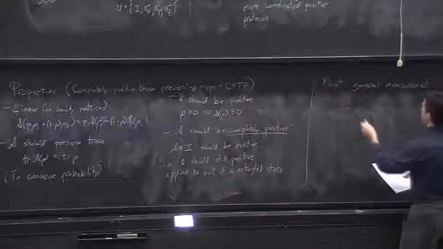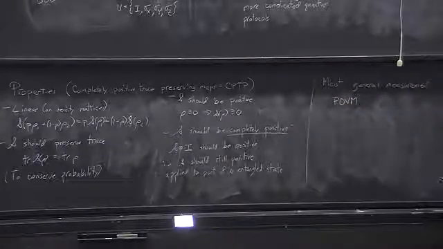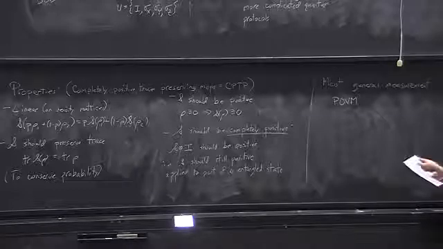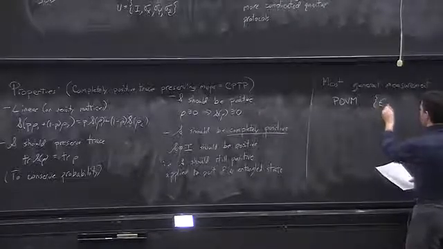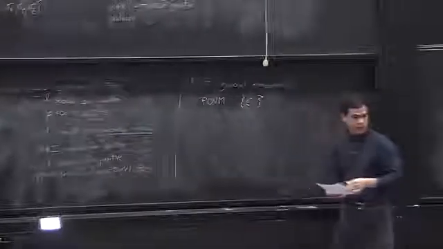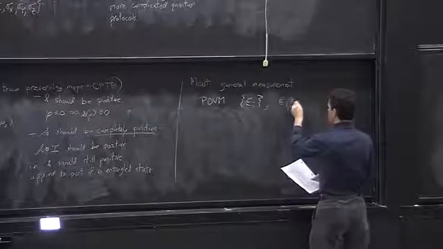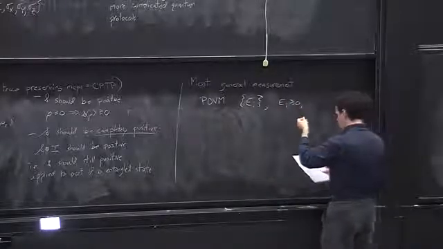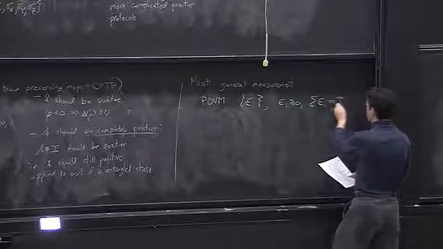And so the POVM, which stands for positive operator valued measure, is some set of operators E_i. Each E_i is positive, and the sum of the E_i is the identity.